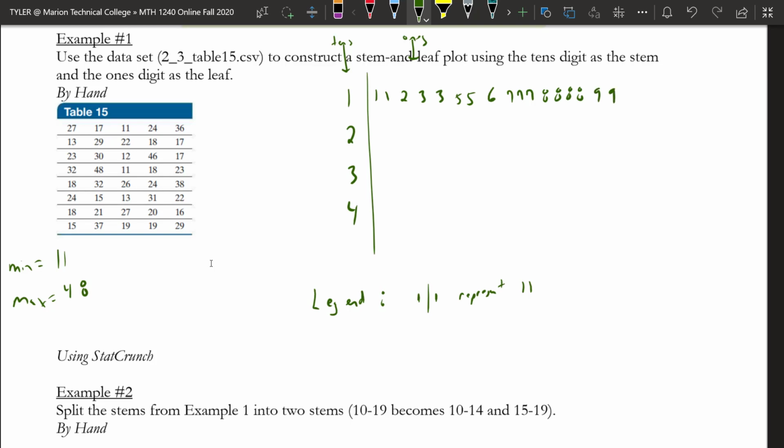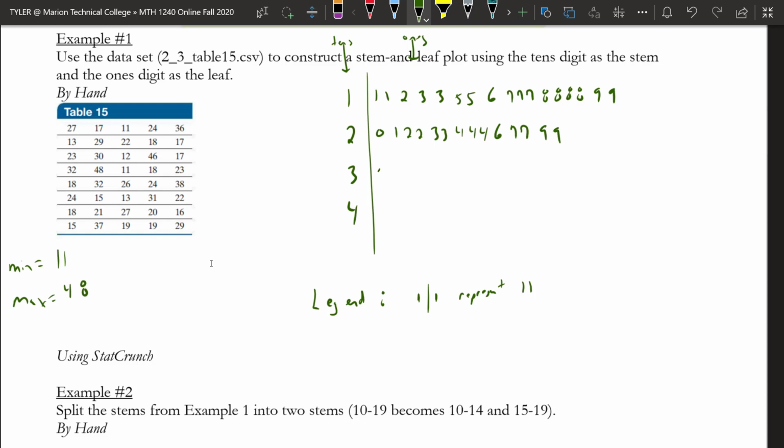Now we're into the 20s, so we have 20, 21, two 22s, two 23s, three 24s, so I need to draw three 4s, and then a 26, two 27s, two 29s.